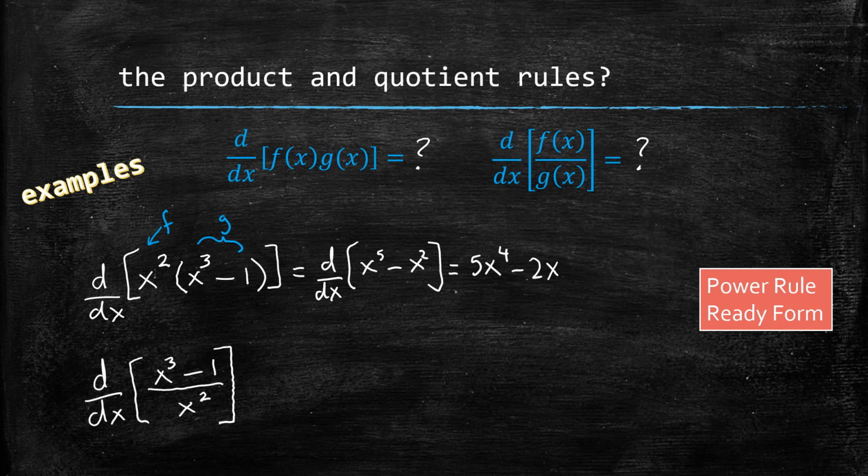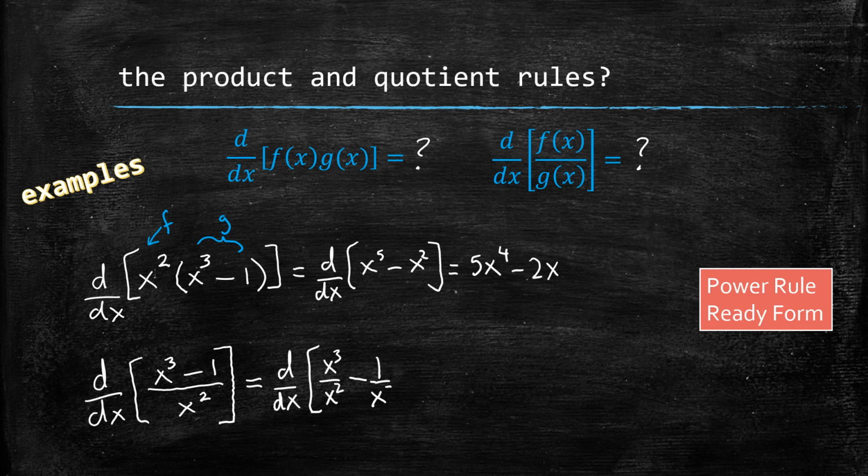Similarly, if it's written as a quotient, so we have a function f over g or g over f, whichever way you want to look at it. Notice that until I get it into power rule ready form, I have to keep that d by dx, because I haven't yet taken the derivative.